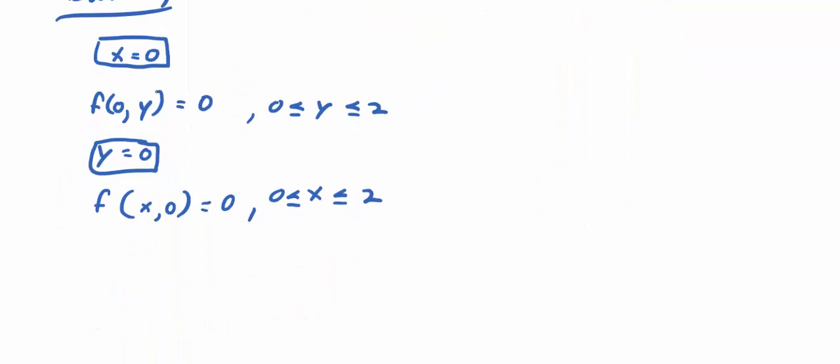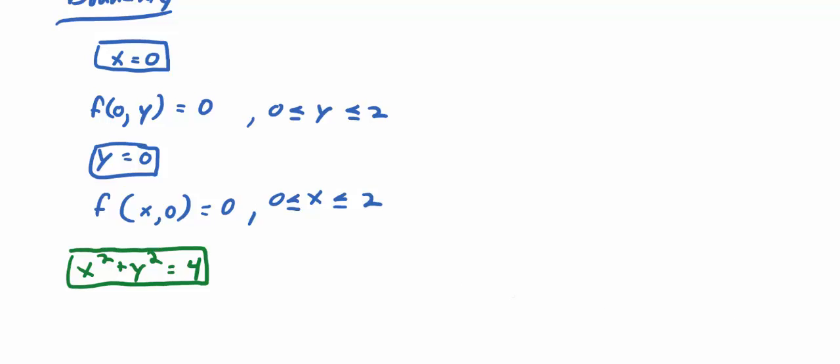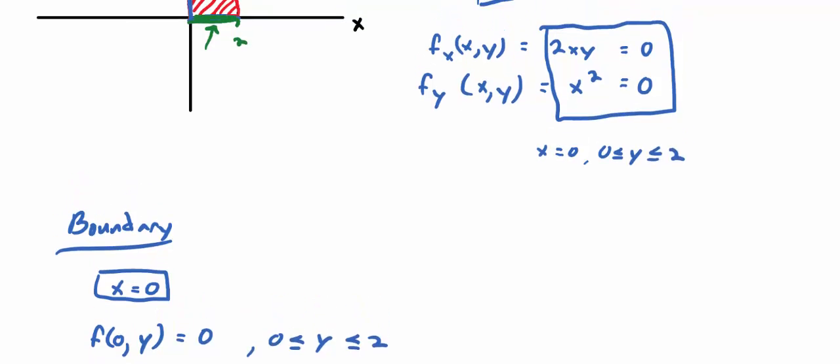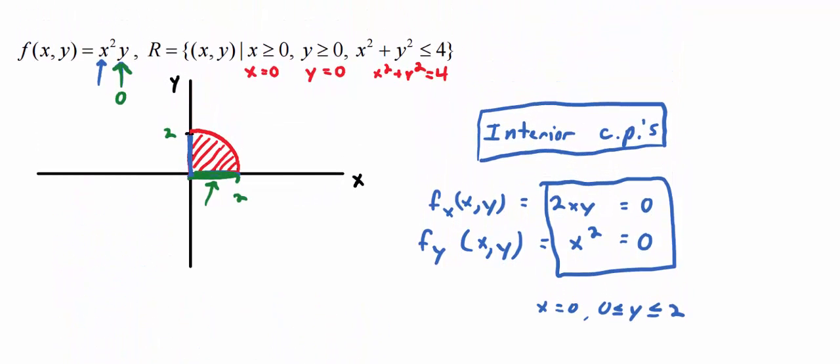So the only interesting boundary, or really the only interesting set of points to consider, is on the boundary given by the circle, x squared plus y squared is equal to 4. And if you're careful here, you can figure out a nice way to represent the function on the circle by realizing that the function includes x squared.